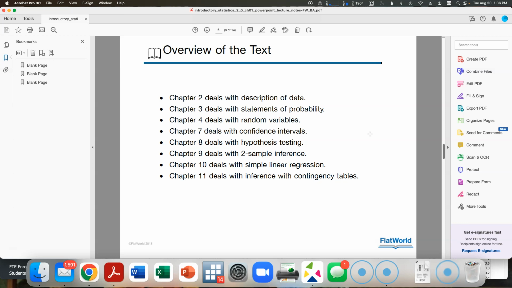With descriptive statistics, like in chapter 2, we will talk about how data can be described. And then we will use inferential statistics, where we make conclusions about the population based on the information in the sample. So you can kind of see things along with that in things like chapter 9, for instance, where you have two sample inferences being drawn.